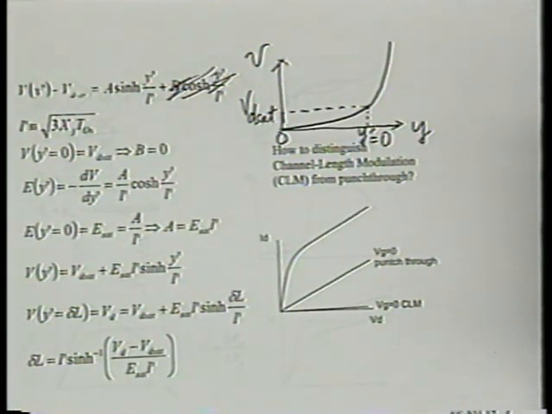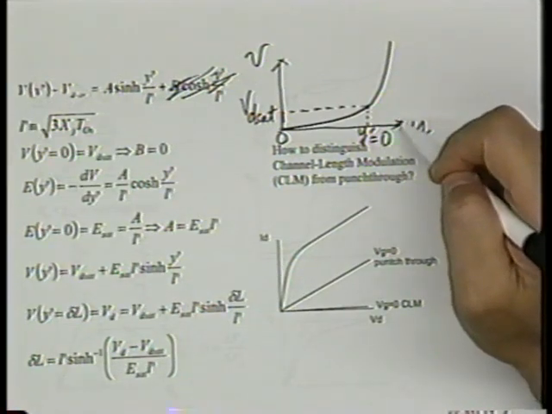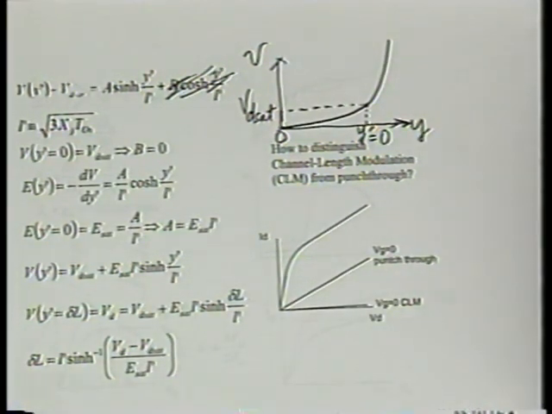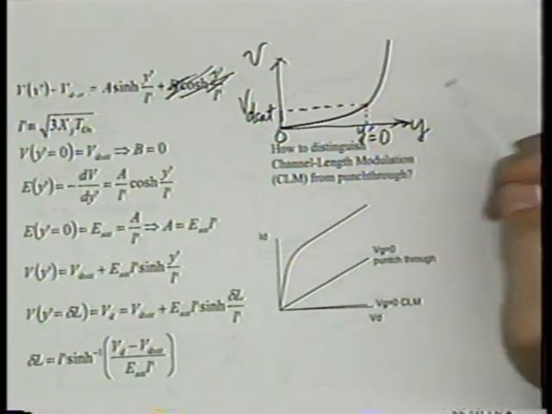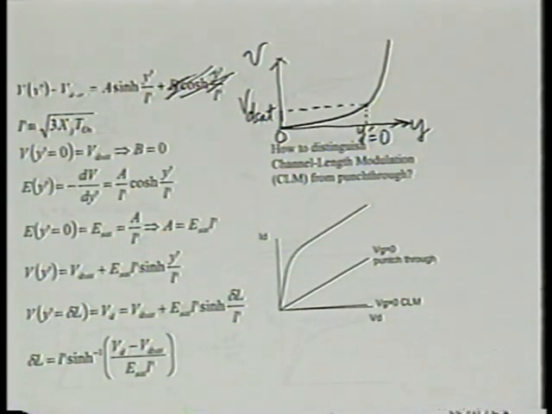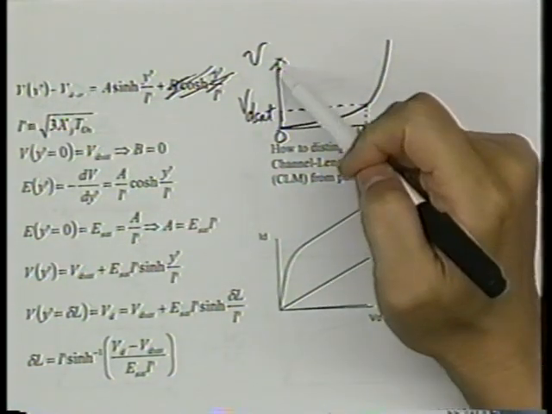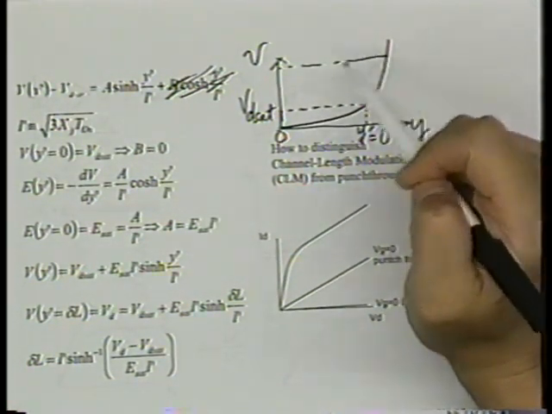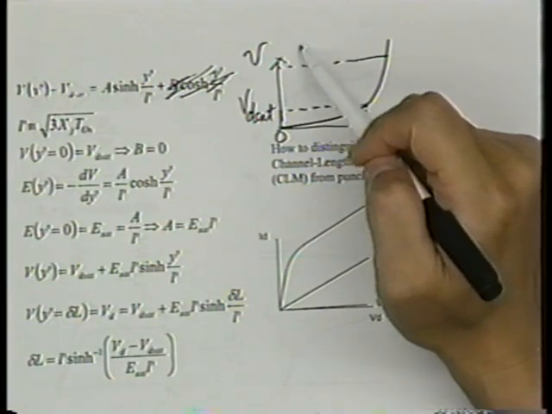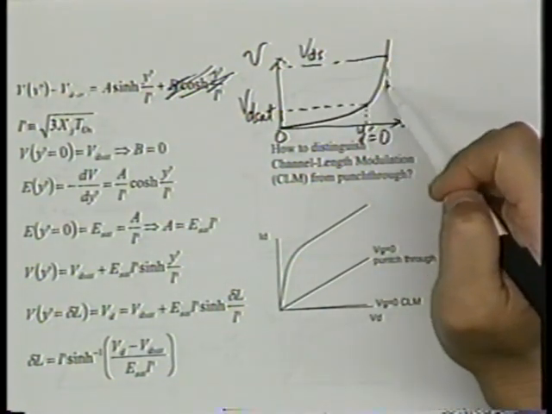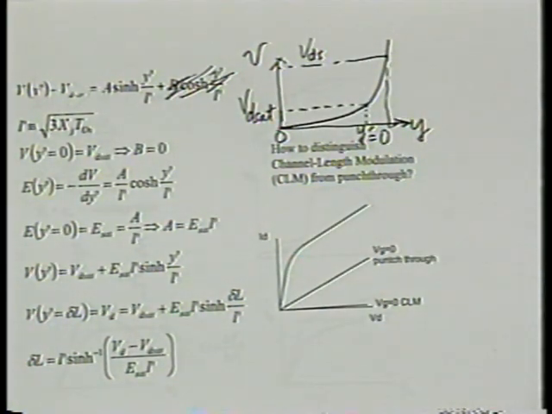My question is, remember how we started this, what motivated us to do this, is to find out how long is the pinch-off region. How am I going to find that? We have to find at what point will this voltage be equal to what? VDS. That will tell us how long this pinch-off region is. Isn't that right? All right.